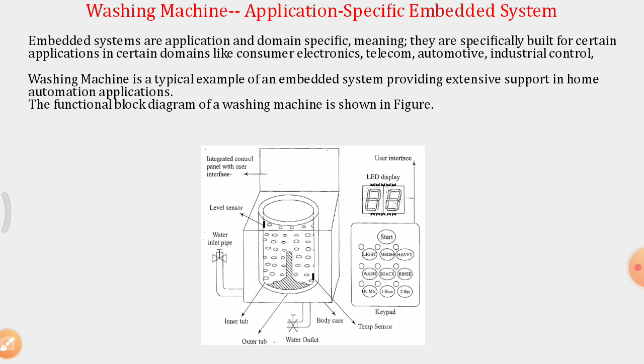Like in the figure, on the right side we can see that there is an LED display. This is the user interface, which has an LED display, a keyboard, and many other things for setting up the controls.